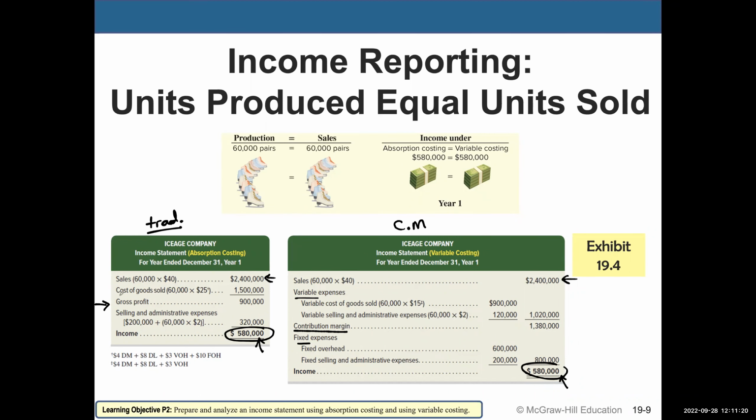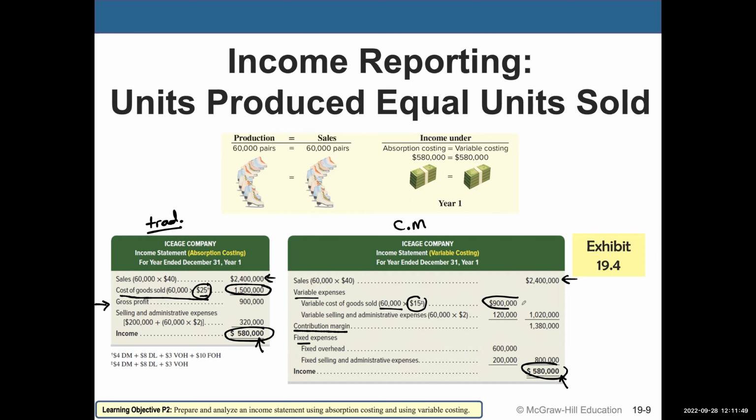You can see here cost of goods sold under absorption costing, 60,000 units sold at $25 per unit. Remember, this is what we calculated earlier. Over here, we've got 60,000 multiplied by $15 per unit. So cost of goods sold under absorption costing is higher, $1,500,000. Over here, it's lower because of that lower product cost.